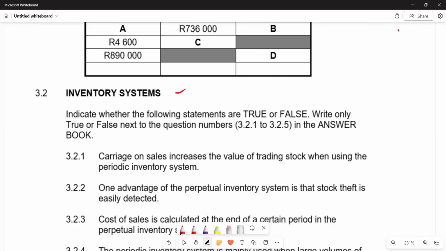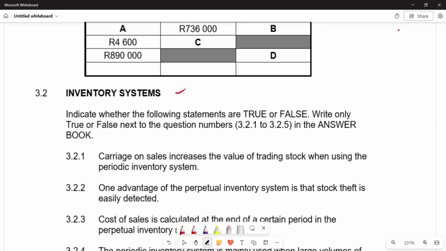So we know that the value of trading stock using periodic is determined by a physical stock count at the end of the period. So there's no way that our carriage on sales is going to increase it. And also, our carriage on sales is an expense that is charged in the profit and loss account.